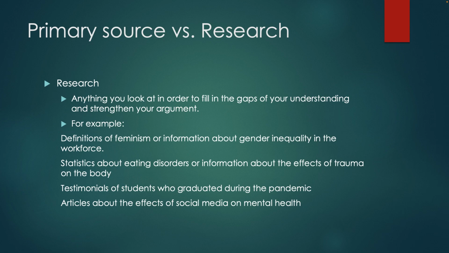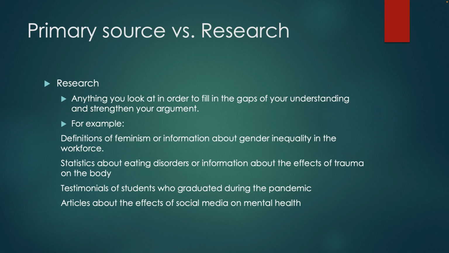Maybe you want to look up some statistics about eating disorders or trauma if you're looking at hunger and my body is a cage of its own making. Testimonials are very good research. Different articles about social media and mental health, or the psychology of how the brain changes when we look at pictures on Instagram, things like that.